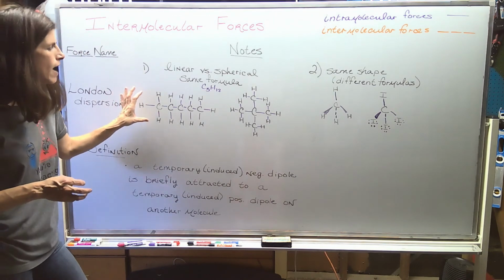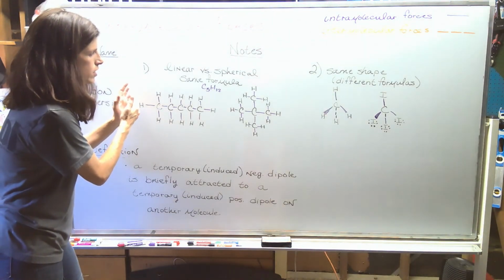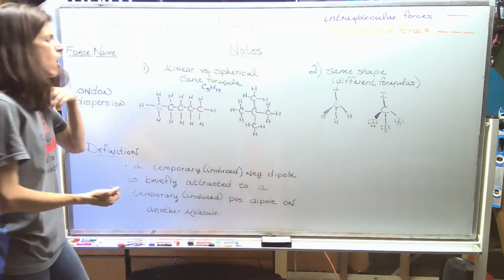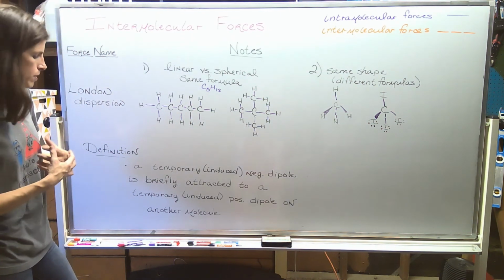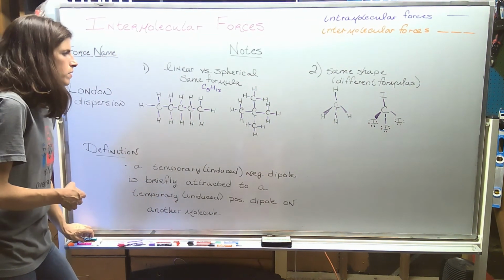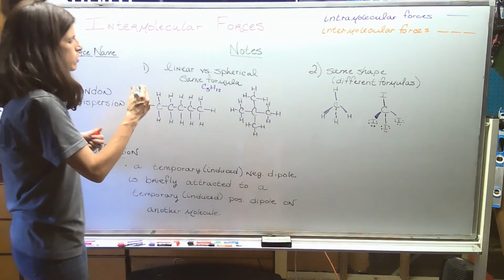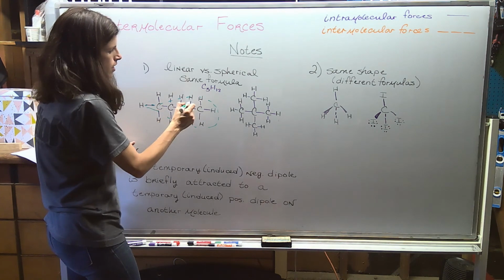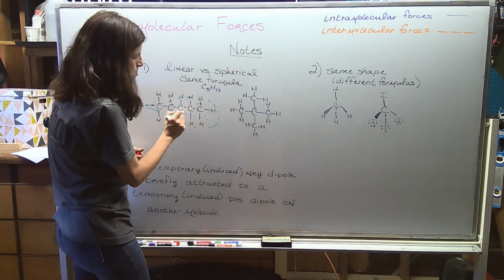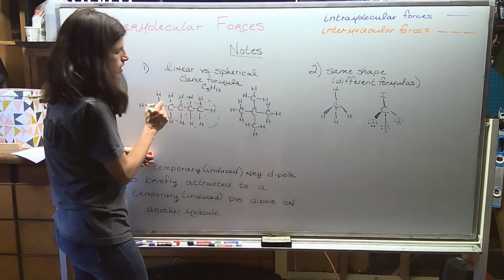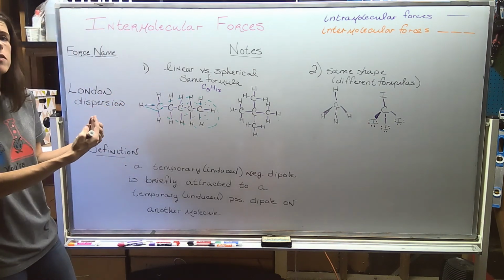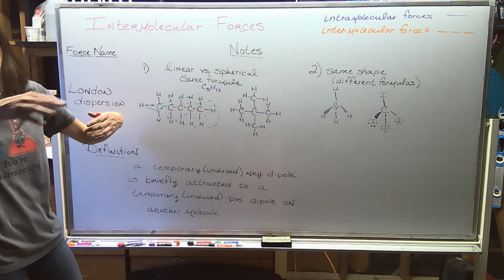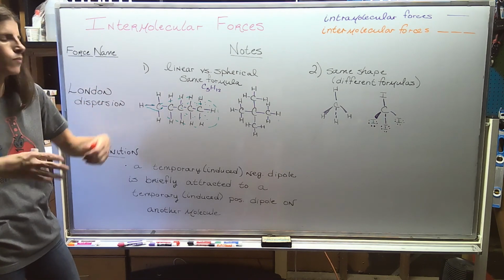So when you have a mixture of these more linear shaped pentane molecules, they are going to exhibit a stronger London dispersion. And that's because their electron cloud is visible. So most of the electron cloud, if not the entirety of the electron cloud, can be felt by other molecules surrounding it.